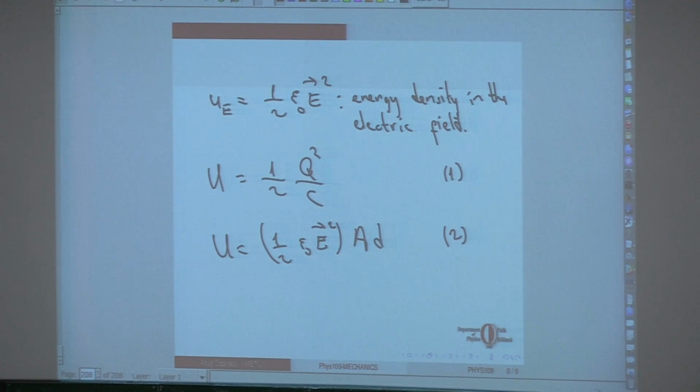Up to this point, we can still treat the electric field as some mathematical stuff that we had invented just to visualize or to simplify certain calculations, simplify certain approaches. But eventually we will see that starting from this one, in fact, the electric field has its own physical significance, in the physical existence, in the sense that it has an energy. Now this tells me that the electric field itself, this second equation, electric field itself has energy.